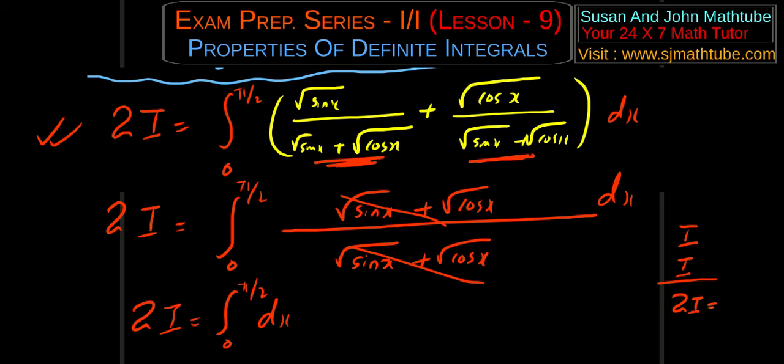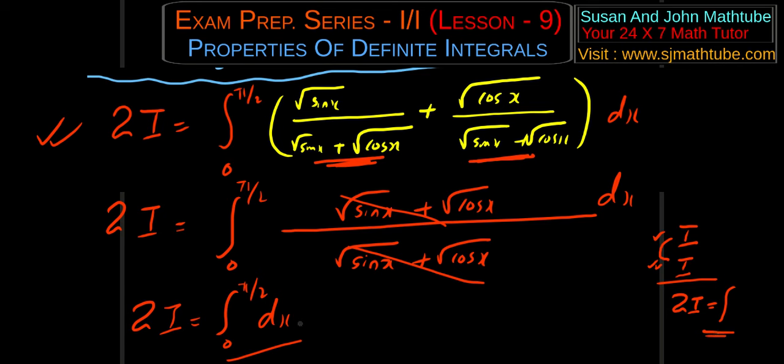Once you do this, in most of the problems which they ask for the exam, you will be able to integrate afterwards. So that's a promise I can give you. You're given an integral, apply the property, simplify a little bit and then add the integrals. Once you add, you will get 2I is equal to something, of course an integral, and the promise is in most of the questions which they ask in your exams, after this step you will be able to integrate.